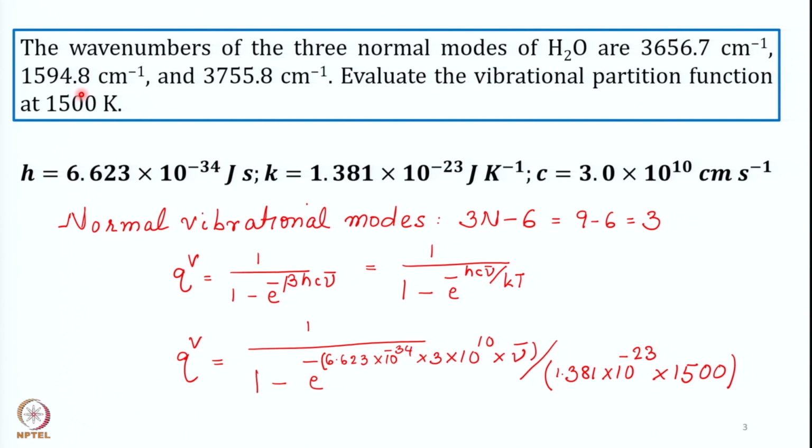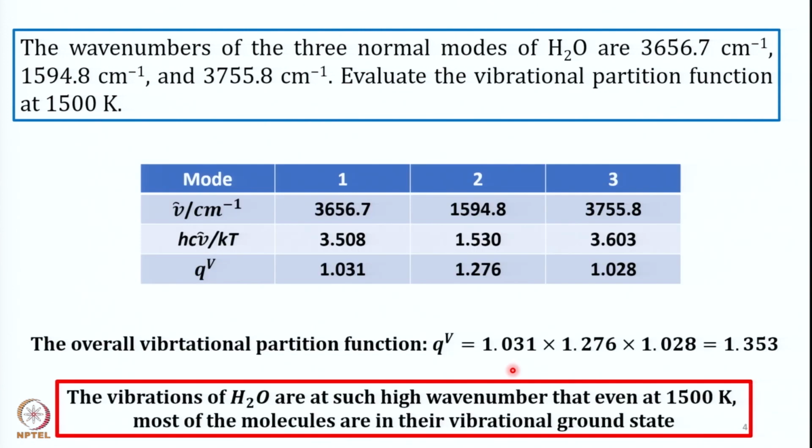Once you know these three normal modes of vibration, you can calculate the partition function due to each normal mode. Listen to what I am saying carefully. Due to each normal mode of vibration, that value can be substituted here and you can obtain the value of the partition function for each normal mode as shown in this table.